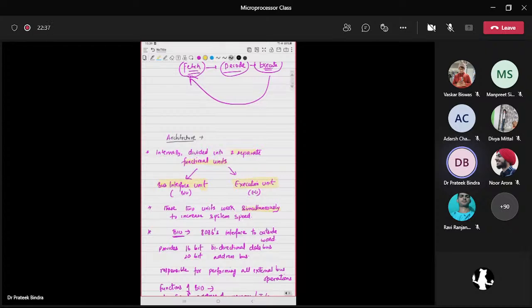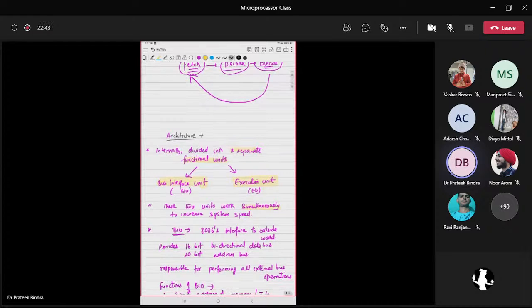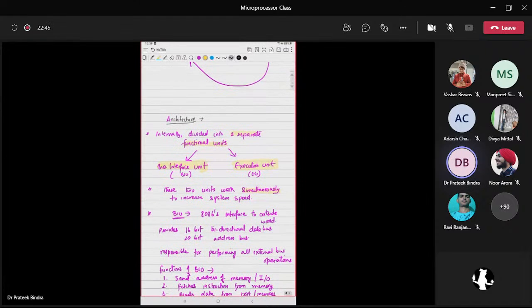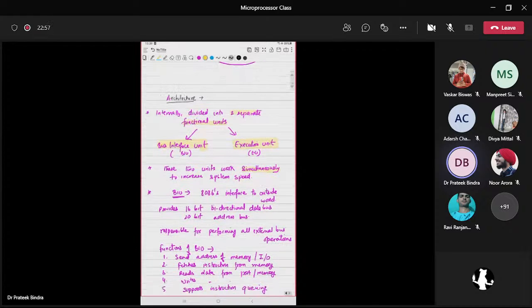It provides a 16-bit bidirectional data bus and a 20-bit address bus. We already know that the 8086 has a 16-bit data bus and a 20-bit address bus, and these buses are available to my BIU, fine. And what are the responsibilities of this BIU? These are its basic functions.